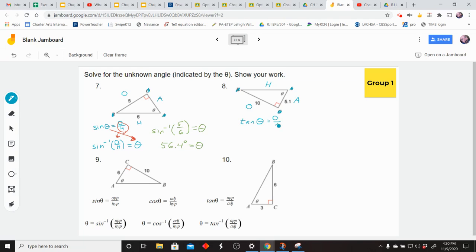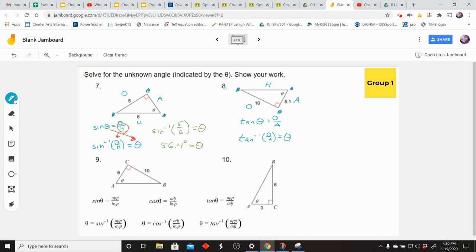Opposite over adjacent. So I'm doing this a little bit the long way around, but honestly, this is how I think of it. Before I think of inverse trig, I want to think of the regular trig first. So in this case, I know O and A, I want theta, which means what I'm really trying to do here is inverse tangent of O over A is equal to theta.